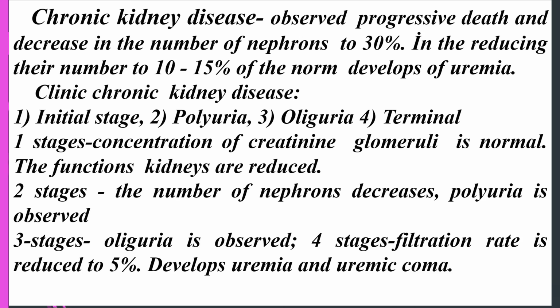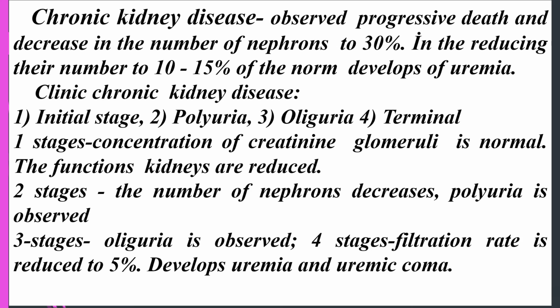Chronic kidney disease is progressive, with death and a decrease in the number of nephrons to 30%. With reduction of the number to 10 to 15%, uremia develops.